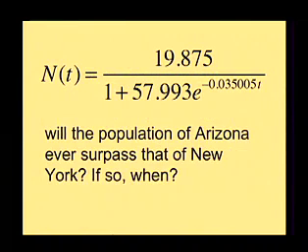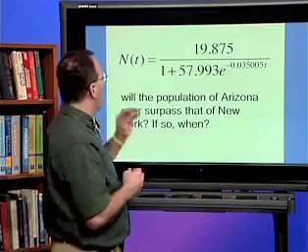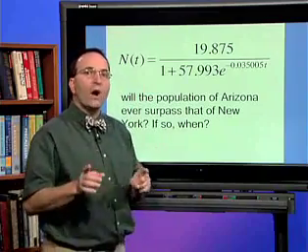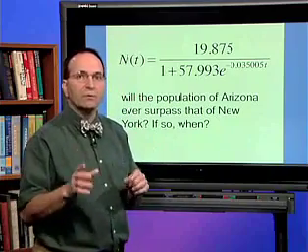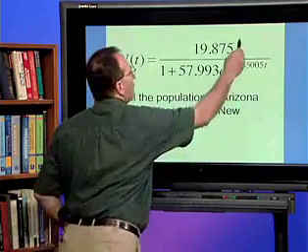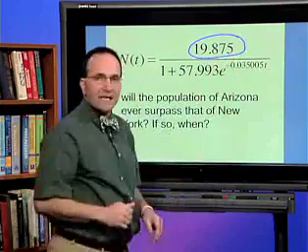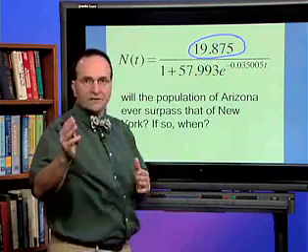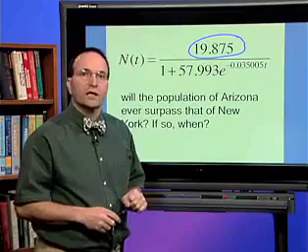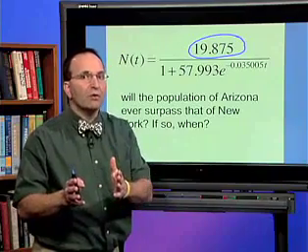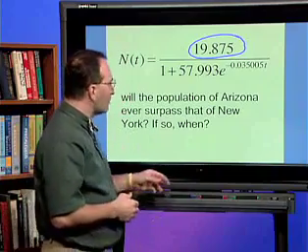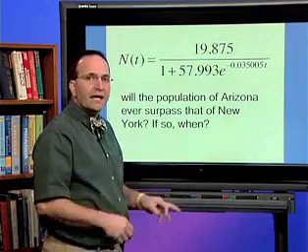The important thing from your New York N of t equation is to recognize what the maximum sustainable growth for New York is. And as you realize now, that would be 19,875,000. That's important because that's what you're going to compare with the Arizona model that you're about to have the grapher calculate. Here's the table.